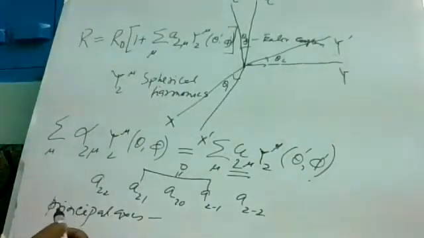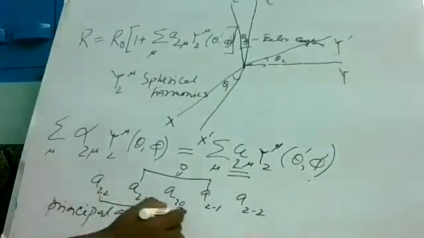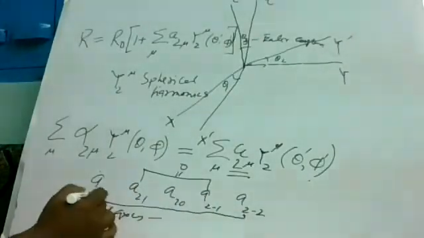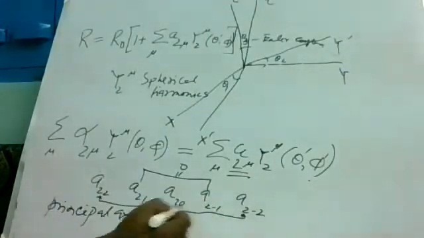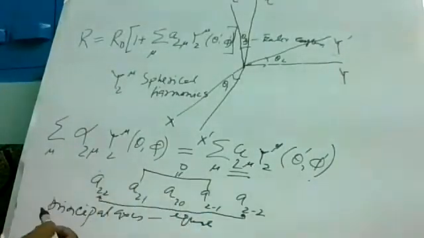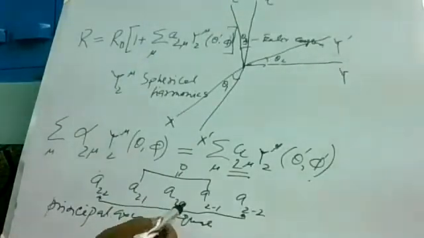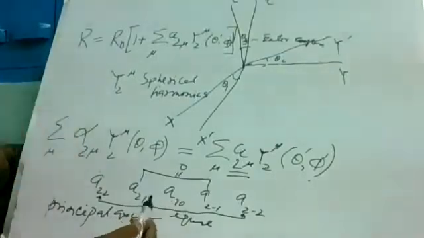And we suppose these two terms are equal. If it is symmetric, A22 and A2 minus 2 are equal. So out of 5 coefficients, 2 coefficients are null and 2 are equal. So we have only 2 variables.